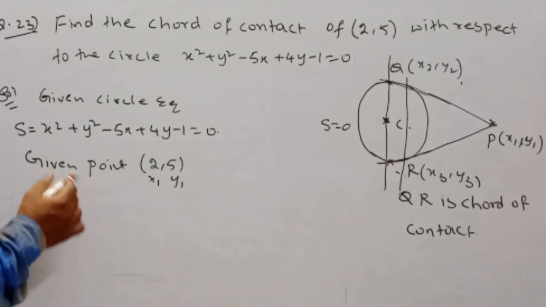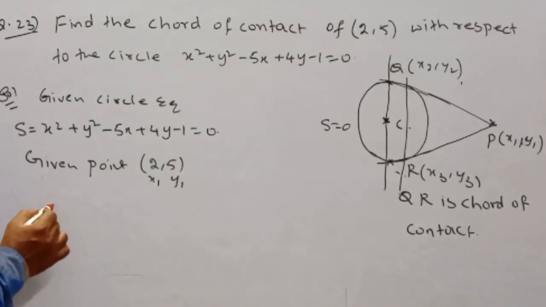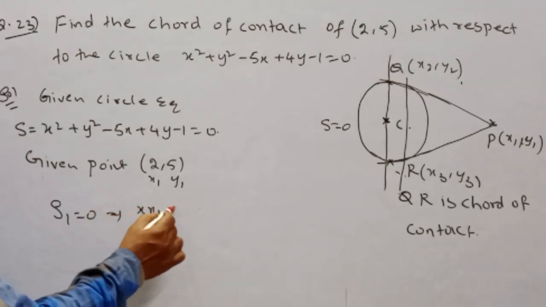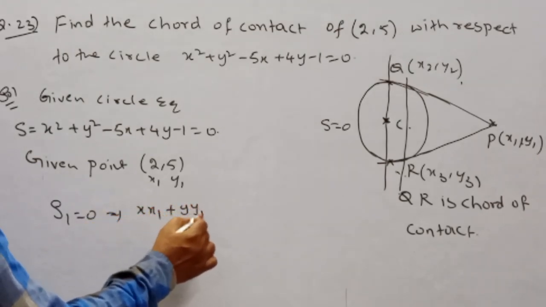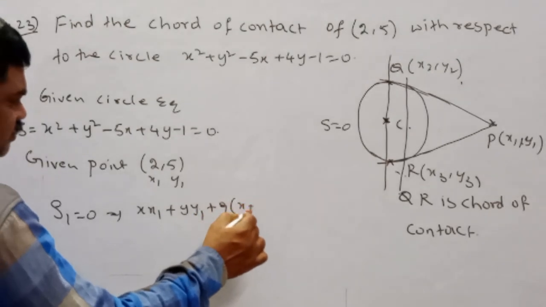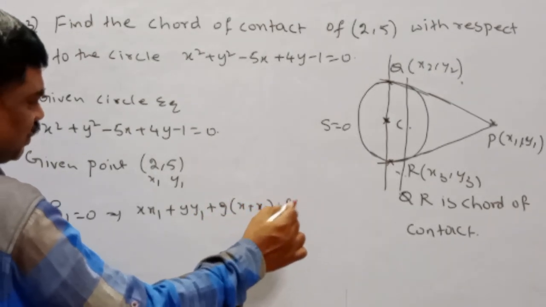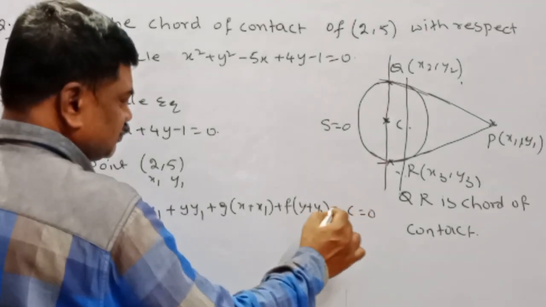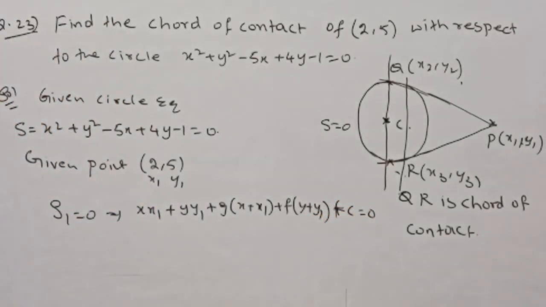So the chord of contact is S1 equal to 0, which implies x x1 plus y y1 plus g of (x plus x1) plus f of (y plus y1) plus c equal to 0. This is the chord of contact.